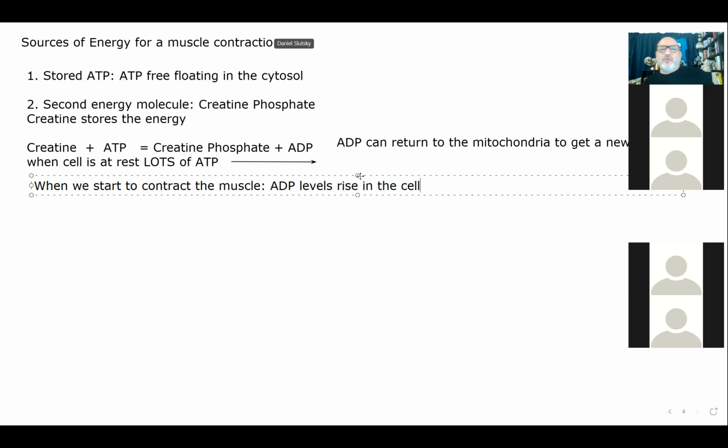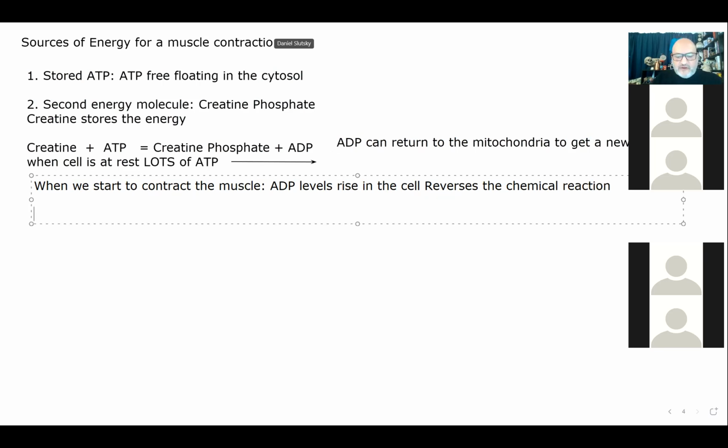And when the ADP rises in the cell, that actually reverses the chemical reaction. And now what happens is our creatine phosphate, which I'm just going to abbreviate CP right here, is going to find an ADP, and it's going to give it that phosphate back. And when it gives it that phosphate back, it makes it into an ATP.